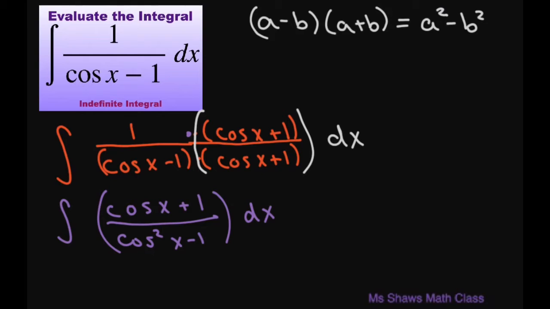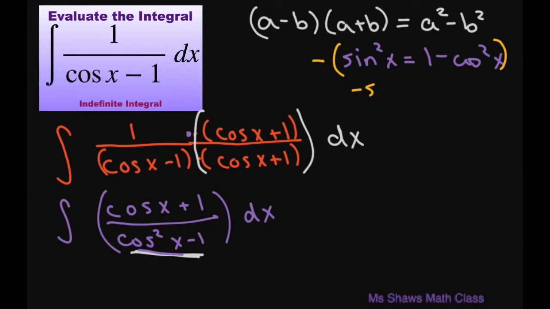All right. Now I want to change this to sine squared. And I know that sine squared, using your Pythagorean identities, equals 1 minus cosine squared of x, which isn't the same as this. But I can make it the same by multiplying everything through by negative 1.